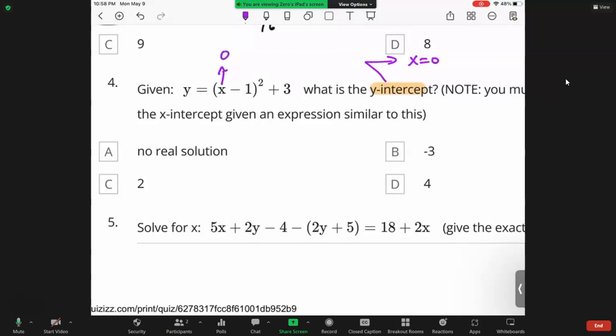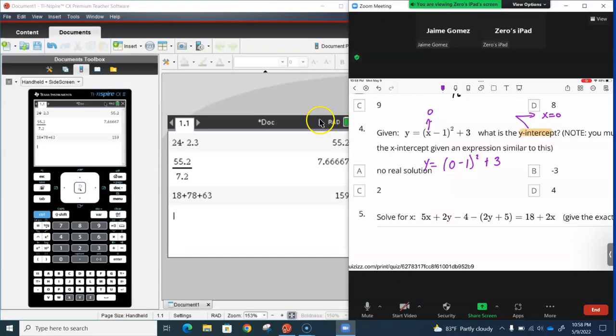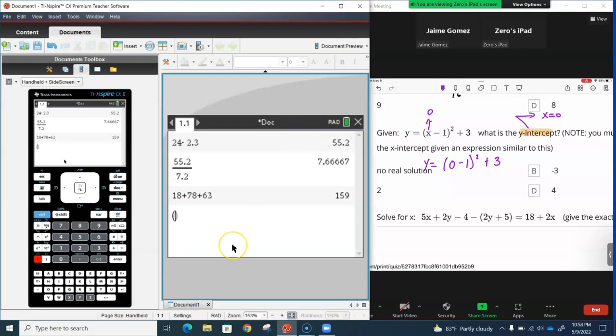So in the calculator, I'm going to put (0 minus 1) squared plus 3. Right, so let's put that in the calculator. 0 minus 1 squared, and then plus 3. So that's just 4. Right there, letter D.